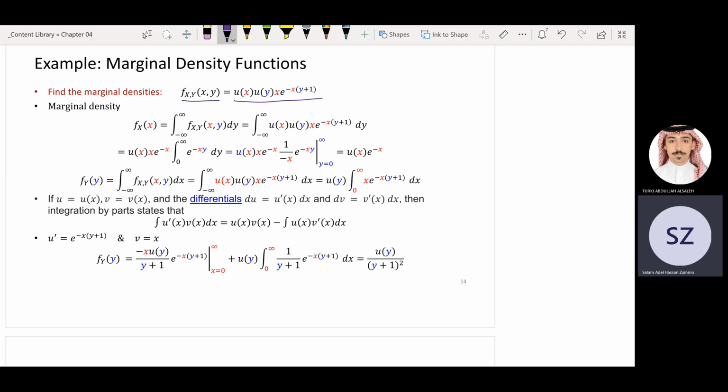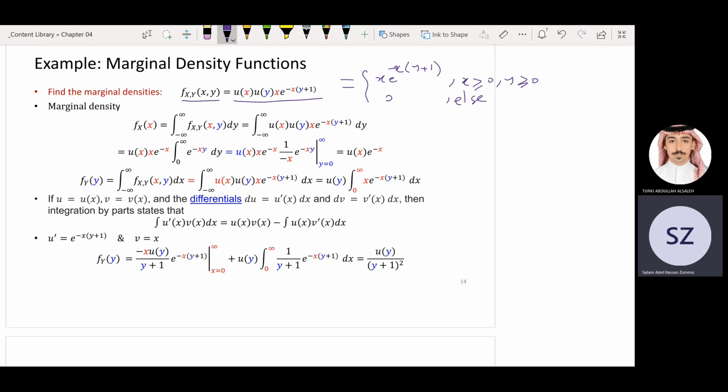So this is as if I am saying this is equal to x e to minus x(y+1) for x larger than or equal to 0, y larger than or equal to 0, and 0 else, right? This is exactly the same as the first problem. Sometimes I may give you this form, sometimes that form. You should be able to figure out what the step function means.